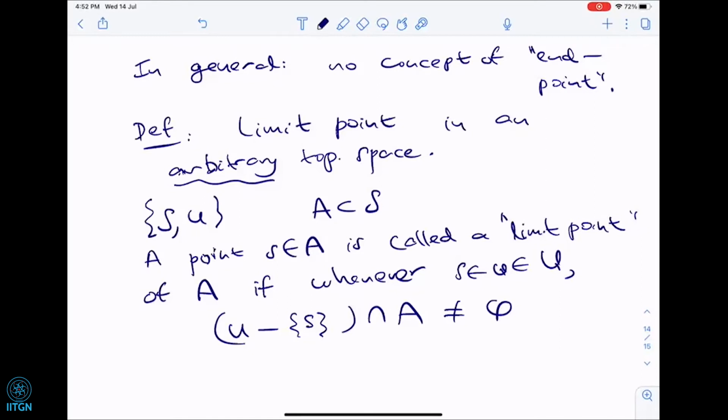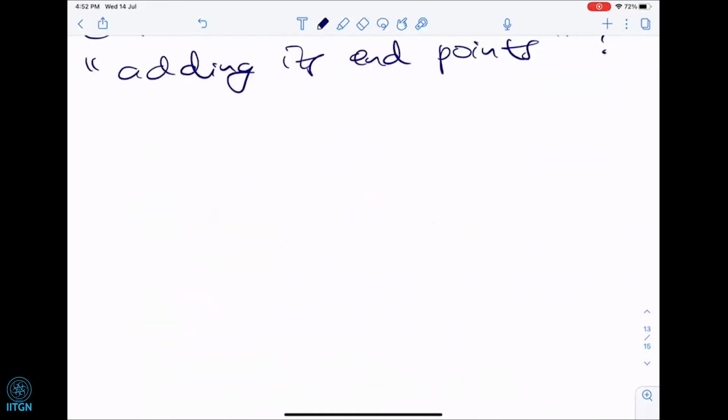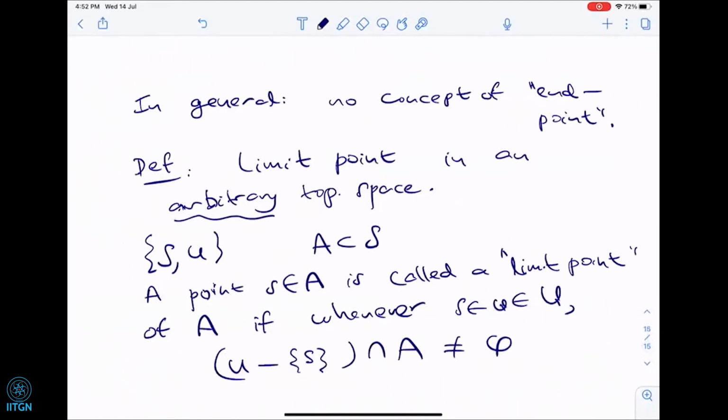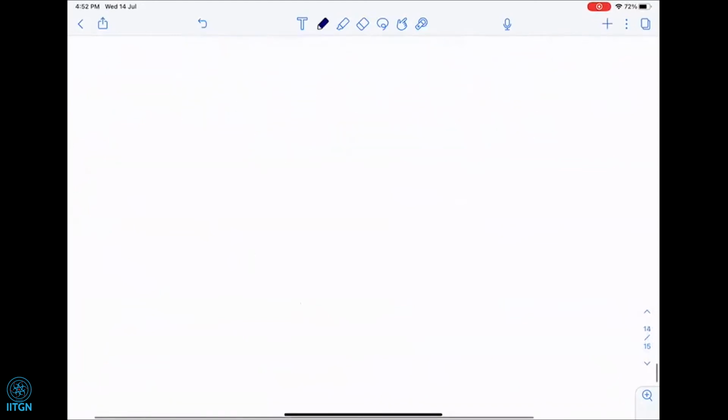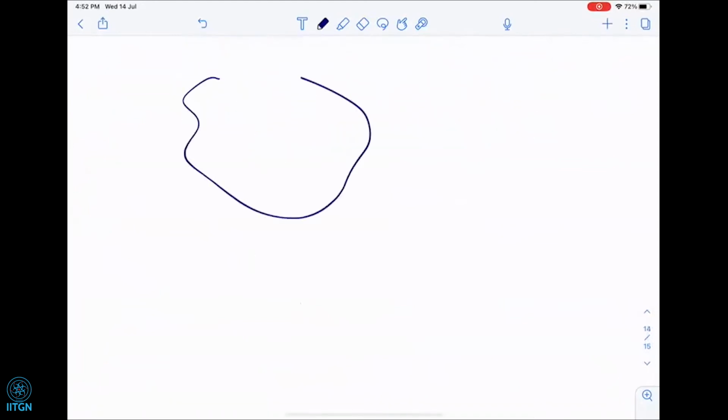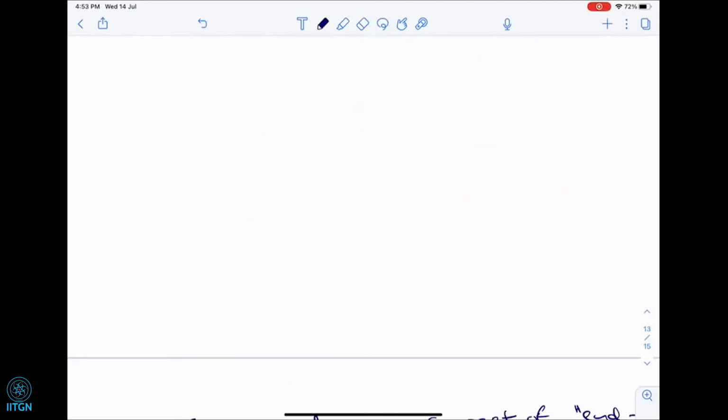So the idea is the following. I have a big set. Well, let me try to do it pictorially. I have a big set S. You shouldn't think of this as a space. It's just a set of points, and some A in it. Okay. Now, basically what I'm going to do is consider any, I might have said something wrong already.